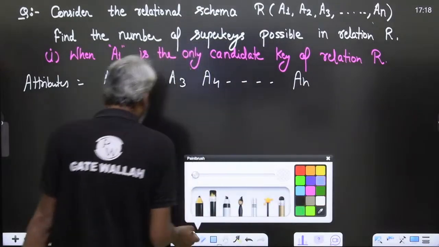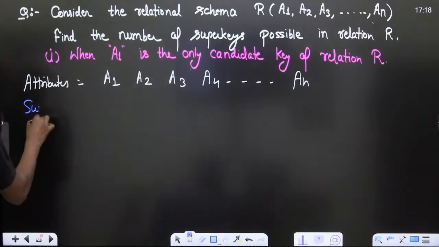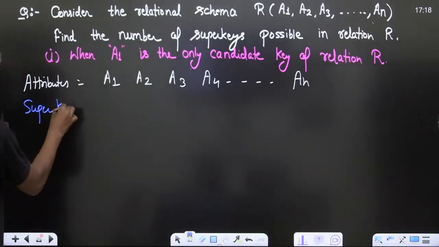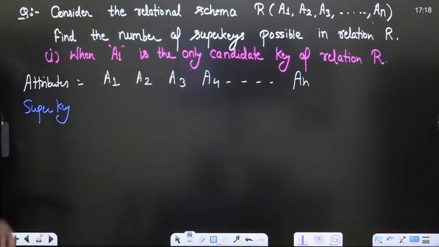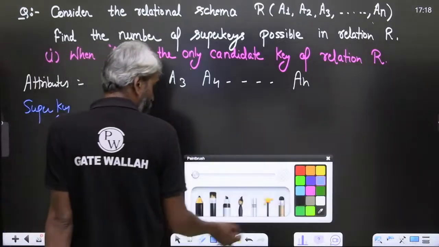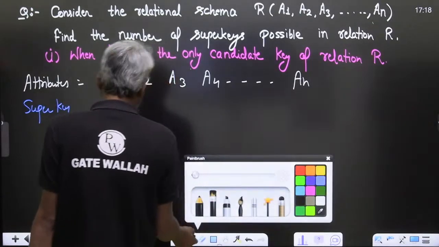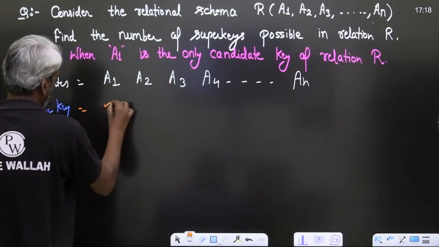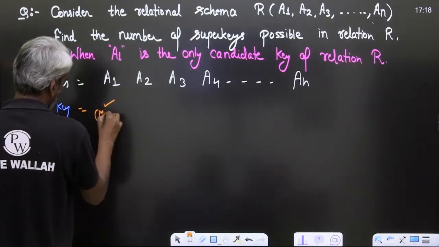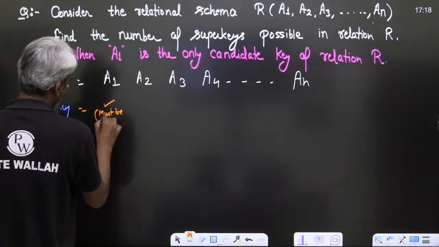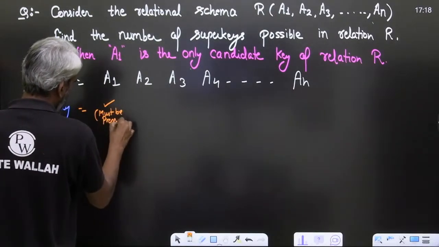So if you define a super key in this scenario, do you realize that A1 must be present? So A1 must be present.